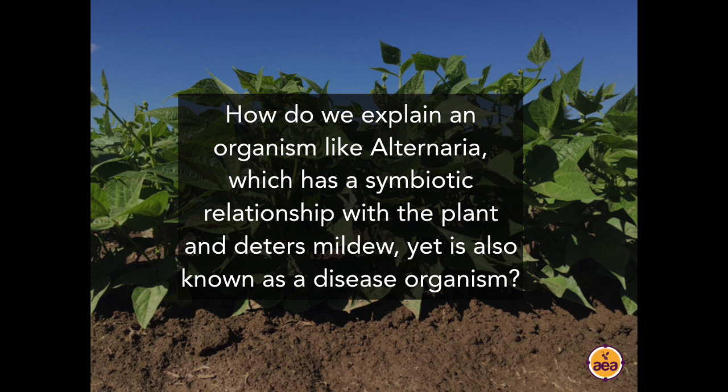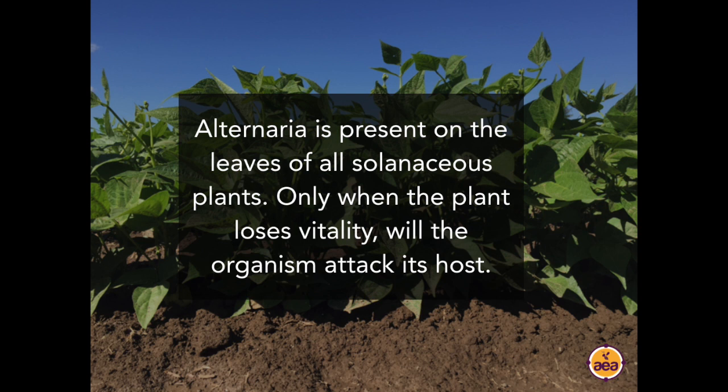Yes, it's very similar to what is happening in the soil. So Alternaria solani, the organism that you're referring to, is known to be present on the leaves of essentially all of the solanaceous plants, so tomatoes, peppers, potatoes, eggplant, etc., from the moment of germination. The moment that seedling germinates, there are already Alternaria solani on the leaf surface, and they colonize that leaf surface throughout the plant's entire life.